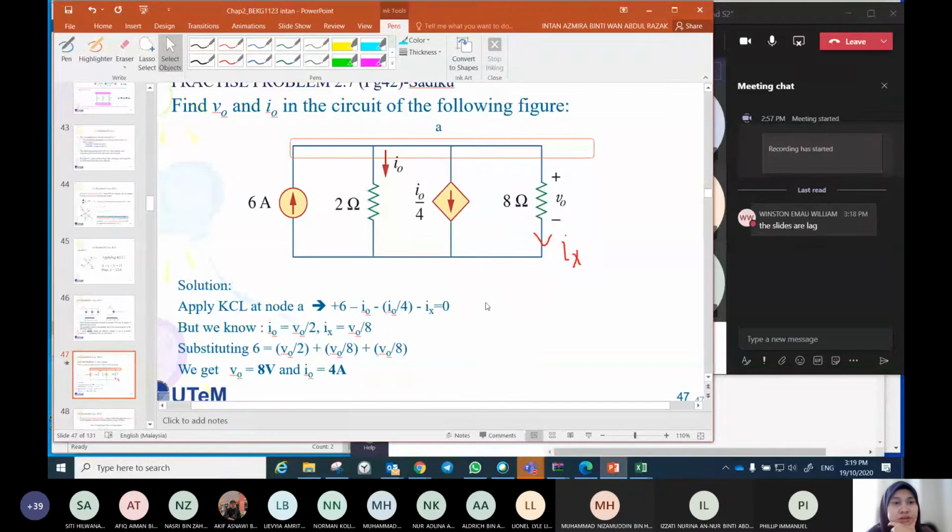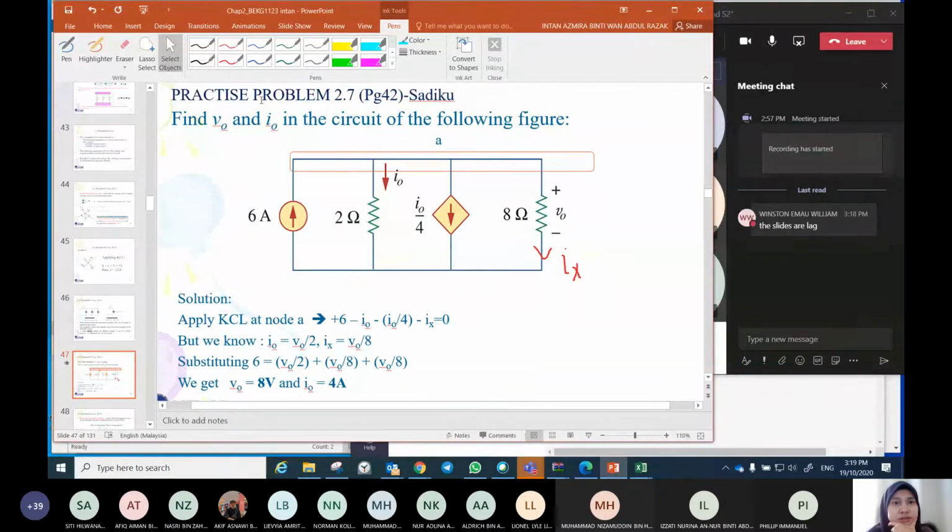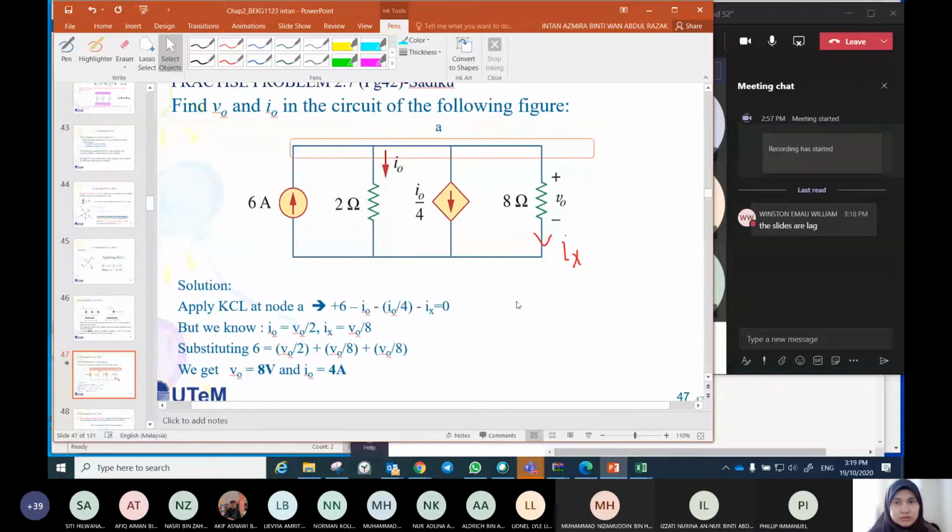Okay, now we are at practice problem 2.7. Can you understand this example? Because I have explained in my video. No need to explain it again, right?